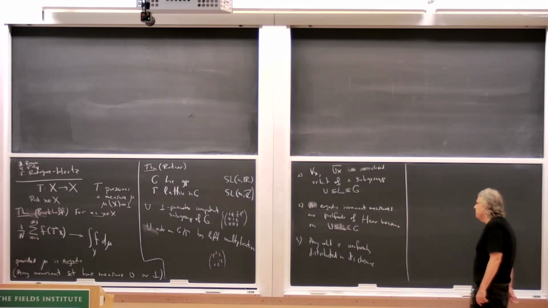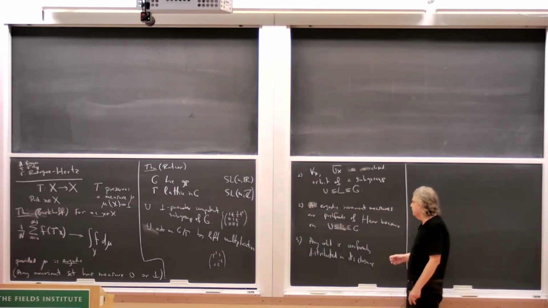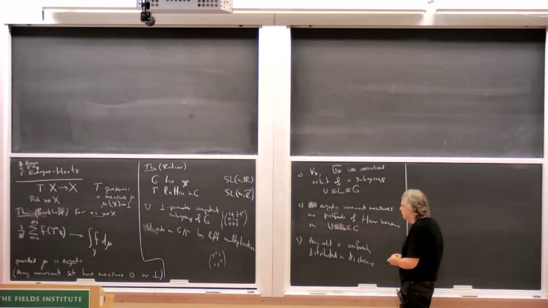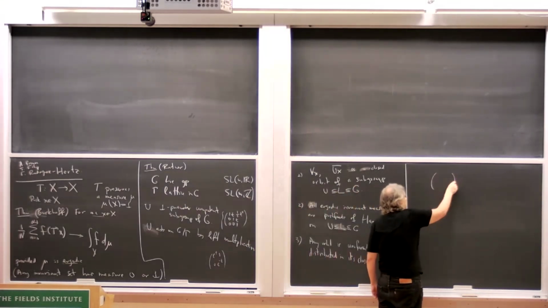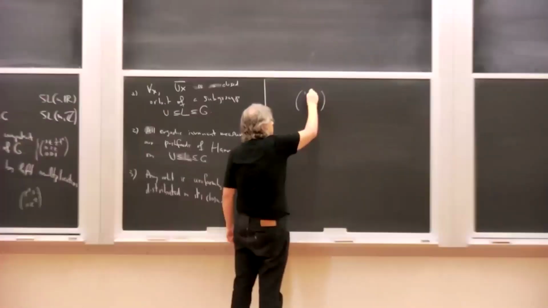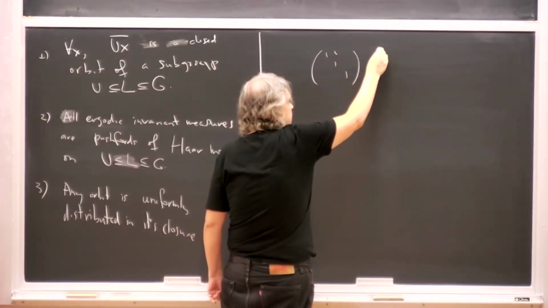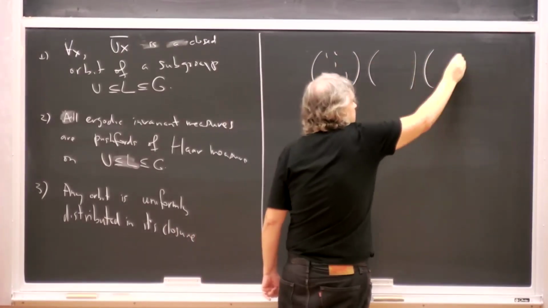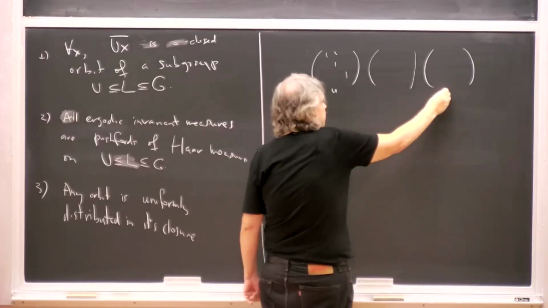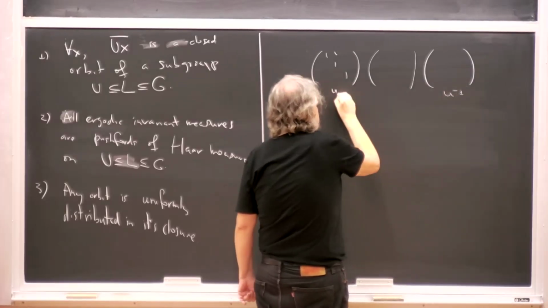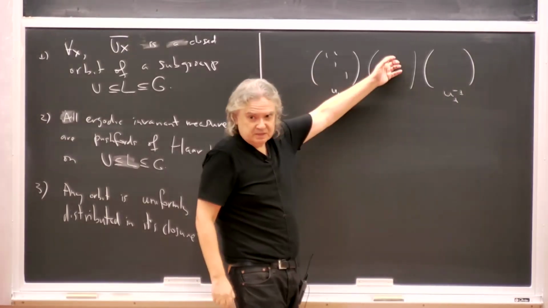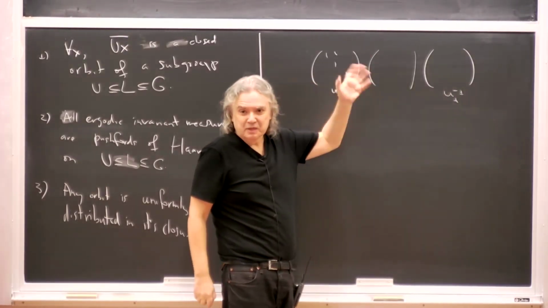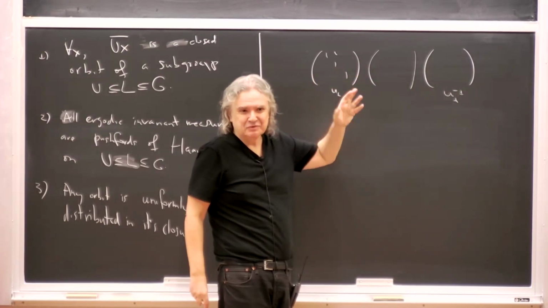Now, the main problem with the proof is that basically, what do you do? You have your unipotent matrix, this is U, and you conjugate it by some element, so you have U and U inverse, depending on the parameter T. You look at the result, and you look at the matrix entries of the result, and you really want them to be polynomial in T. This is absolutely necessary for the proof.